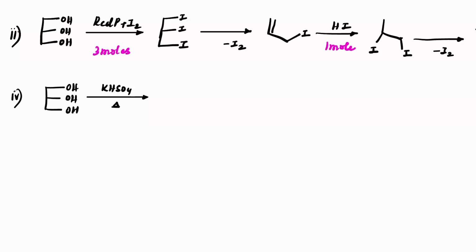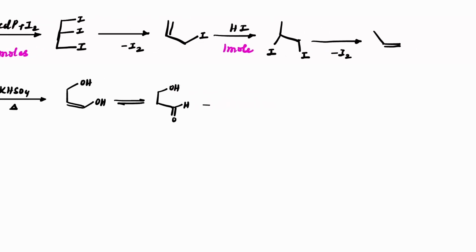On heating, this is a dehydrating agent. Since it's a dehydrating agent, first H2O will go away from the center. So I'll get a double bond and OH, and this OH will remain. Because it is an enol form, it will become an aldehyde form here with OH. Then when you react with KHSO4 and heat again, an alkene will come.